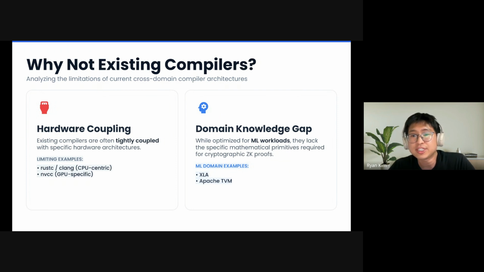So you have two existing categories: general purpose compilers, which don't see any domain math, and ML compilers that see the wrong domain. And the intersection, a compiler that sees ZK domain math, is empty, and that's our space.